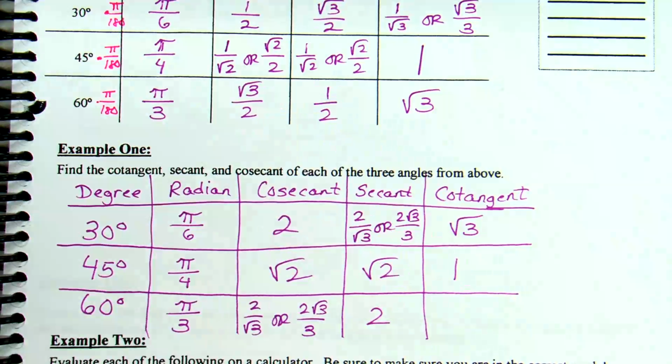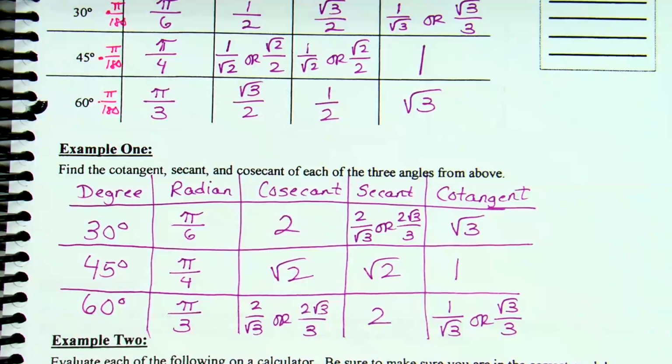Yeah. Reciprocal of square root of 3 is 1 over square root of 3 or square root of 3 over 3. Okay, guys. You'll want to work on either memorizing where everything is on those charts or knowing how to create them, how to fill them in.